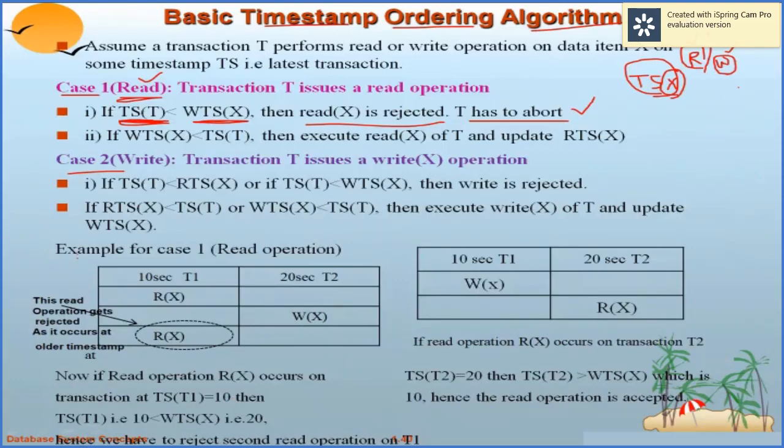Consider the example. I have transaction T1 and transaction T2 with timestamp values 10 seconds and 20 seconds. Here the latest read operation is TS of X, which is nothing but R of X. So for case 1, TS of X is the read operation you see here. My latest read operation timestamp value is less than the write operation. So can it happen?